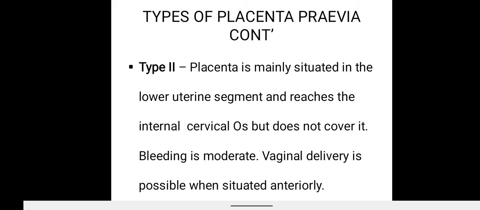Under type 2, the placenta is embedded or encroaching in the lower segment. This one will reach the internal os, but does not cover it all. So bleeding will be moderate. Vaginal delivery is possible when situated anteriorly.